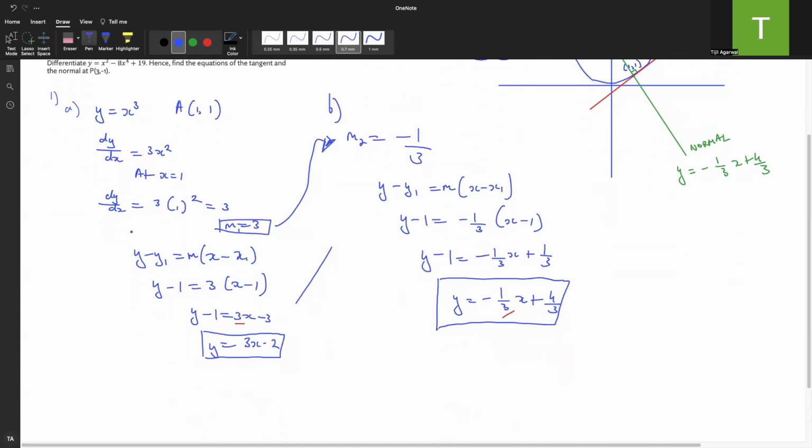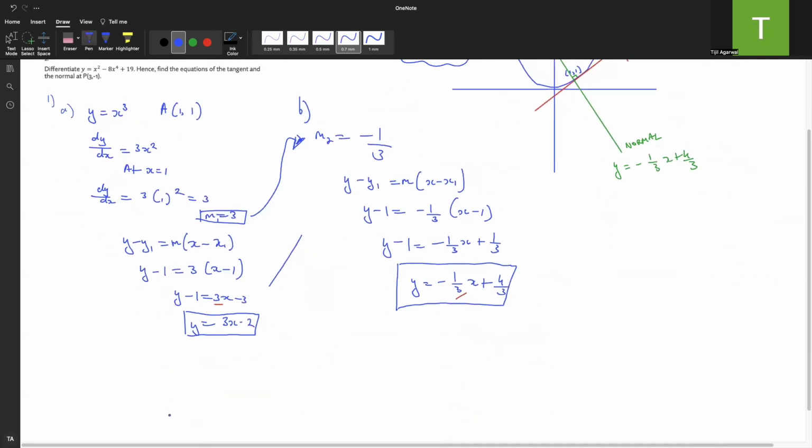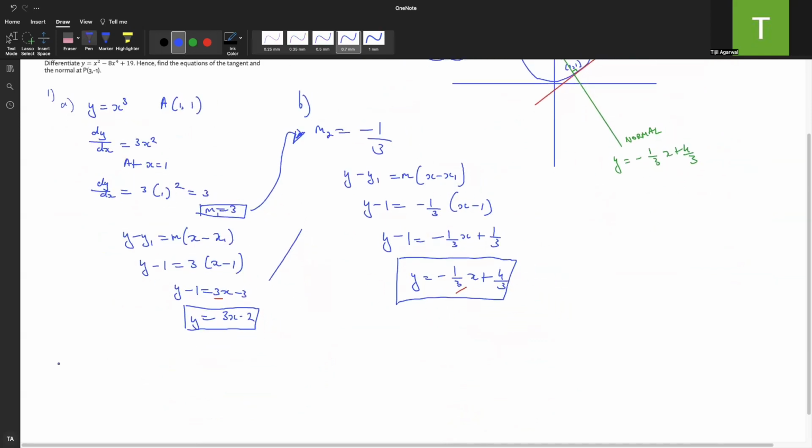For the second question, we have to differentiate. Let's zoom out a bit here. The second question is to differentiate y is equal to x squared minus 8x to the power 4 plus 19, and find the equation of the tangent and the normal at the point (3, -1).